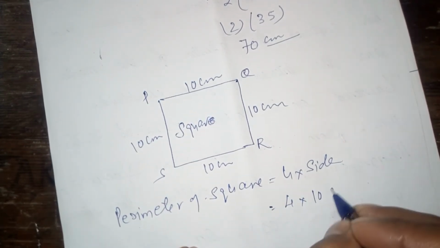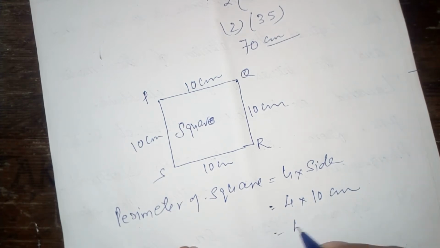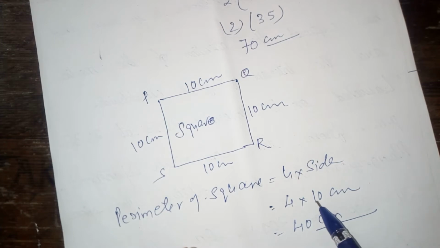Side is 10 centimeter. 4 tens are 40 centimeter. 40 centimeter is the perimeter of the given square.